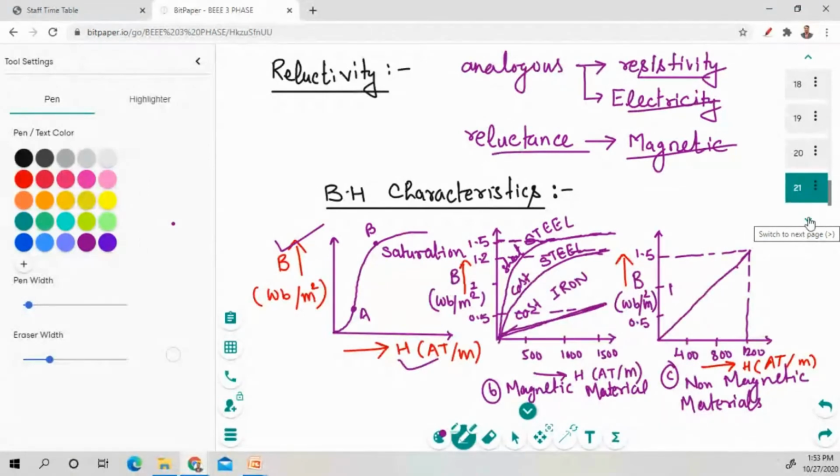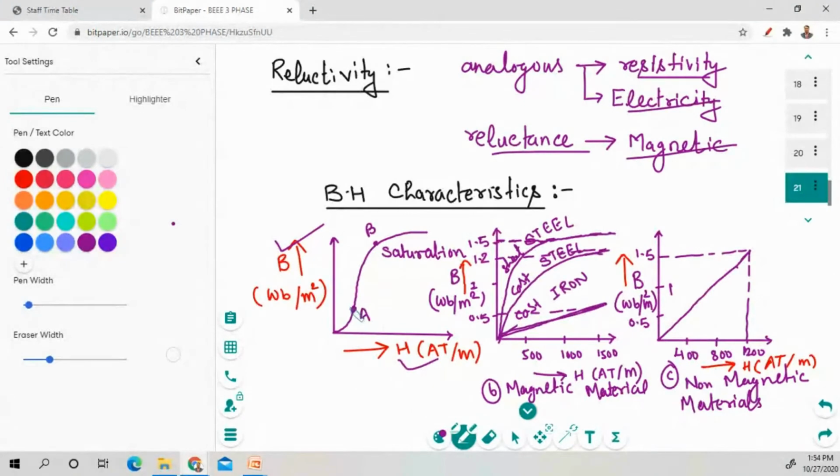Okay. So there are three types of material we have discussed: cast iron, cast steel, and sheet steel. B is the magnetic field density and H is the magnetic field intensity. When you increase the magnetic field, the flux density will also increase.